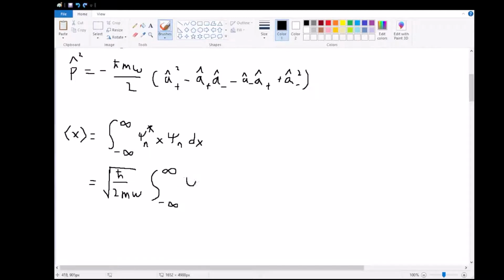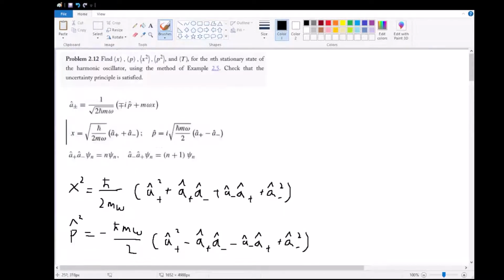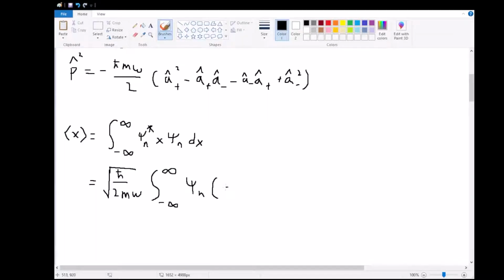We can rewrite this as psi n multiplied by a hat plus plus a hat minus, and this is acting on psi n again, and we close this integral with a dx.